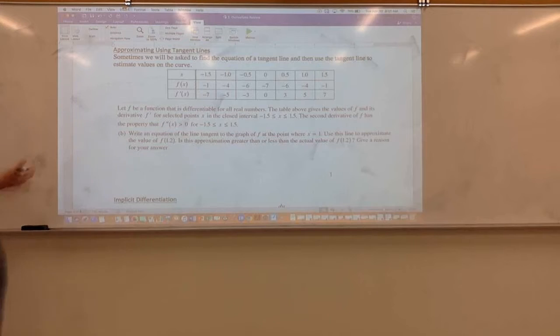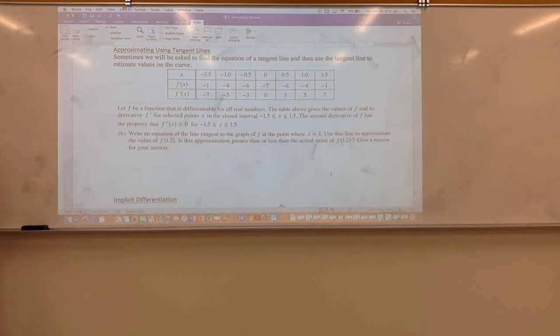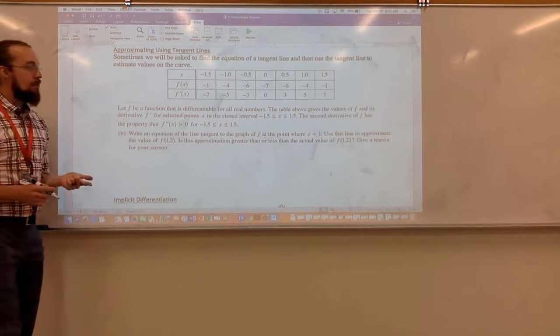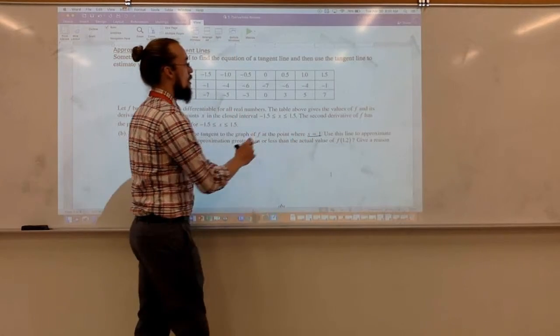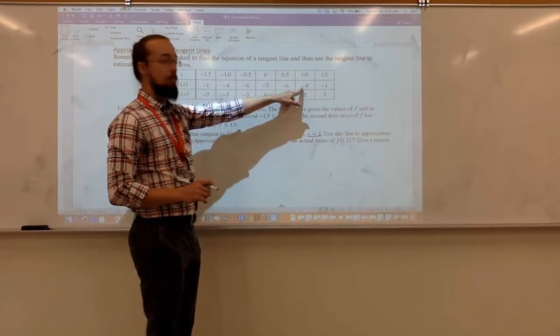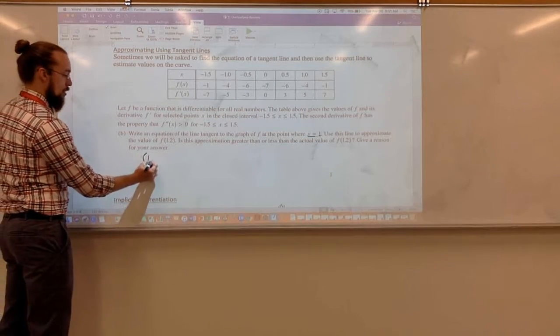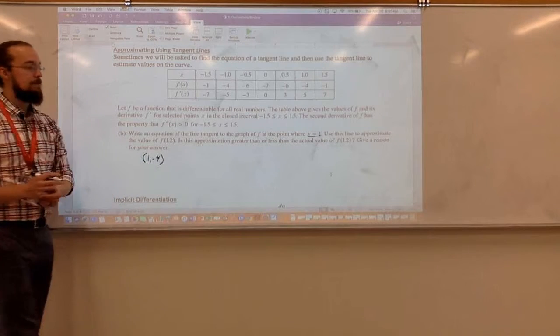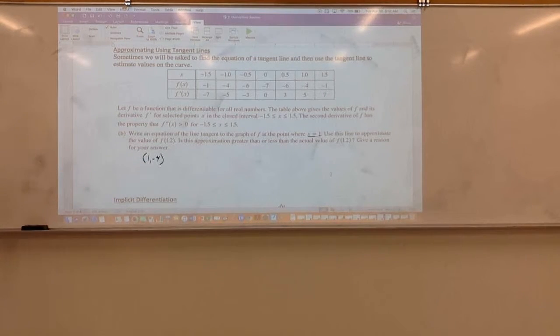So first, to write the equation of the tangent line, I want to collect my two pieces of information, the point and the slope. Well, I want x equals 1. So if I go to x equals 1, it tells me the y value is -4. So right off the bat, I know that my coordinate point is 1, -4. And this table actually also gives me the slope that I need.